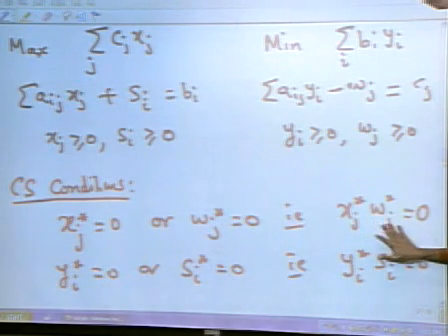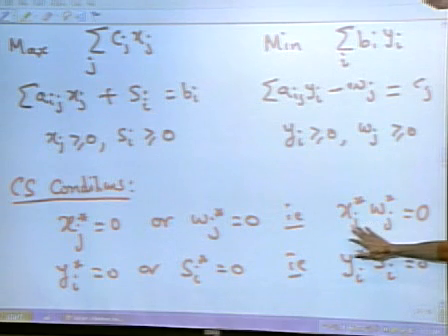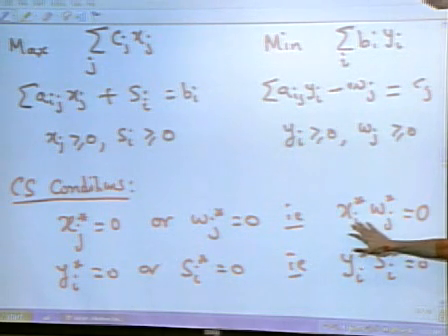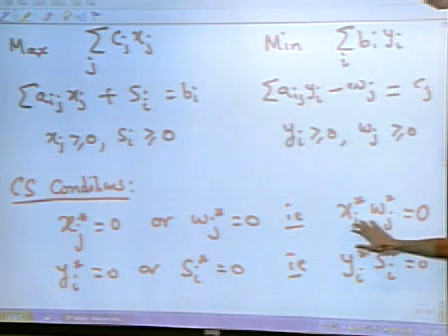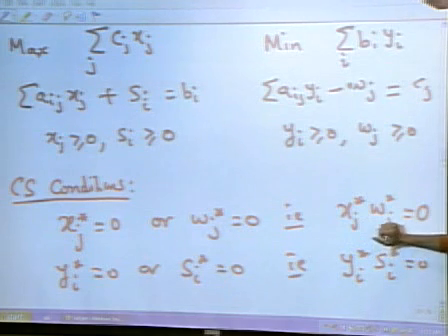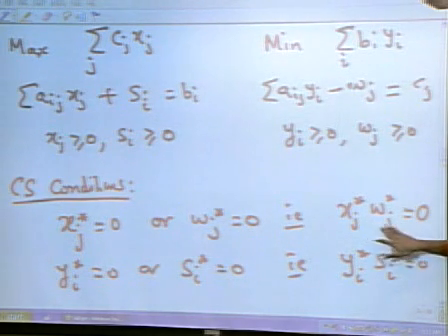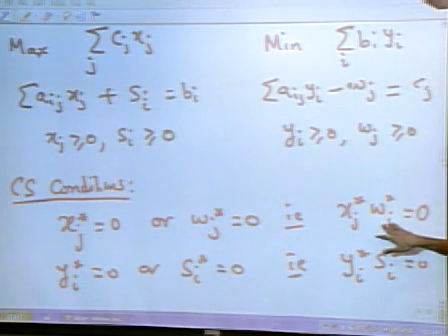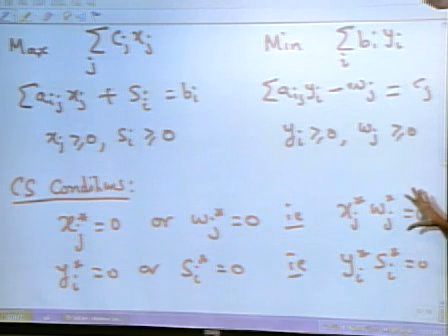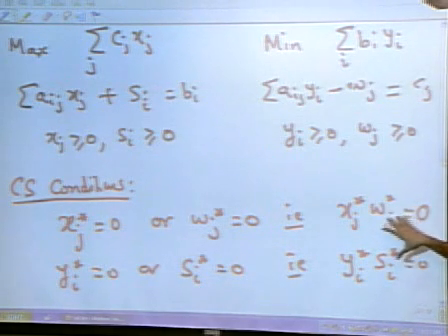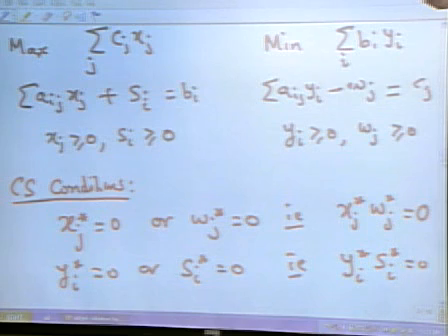And all this is saying is either you don't produce any amount of product j at all, or if you make a positive amount of product j, then it better be that the corresponding surplus variable in the dual problem is 0. Any questions about this? This is just rewriting the CS conditions in a slightly different way.